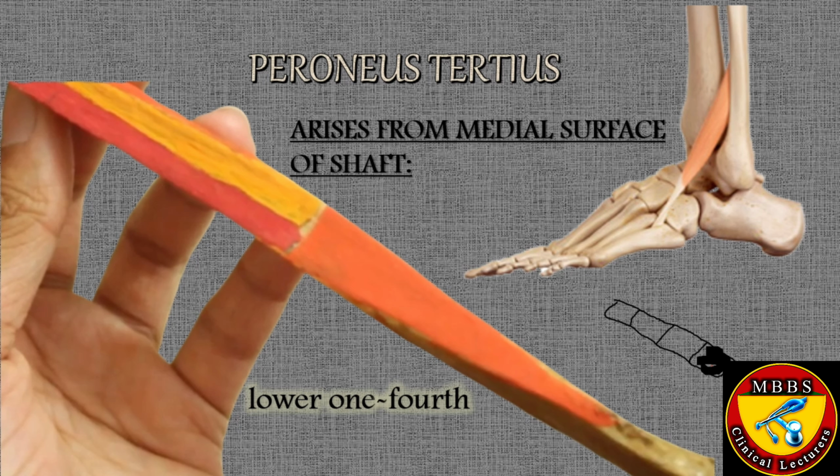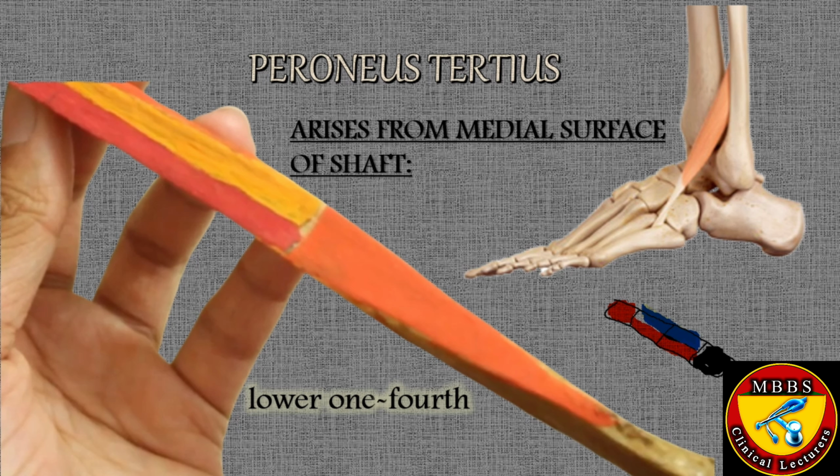And this is giving origin to the extensor digitorum longus: whole of upper 1/4 plus anterior half of middle 2/4. So this red is the origin of the extensor digitorum longus, and the posterior half of middle 2/4 gives origin to the extensor hallucis longus, this one.